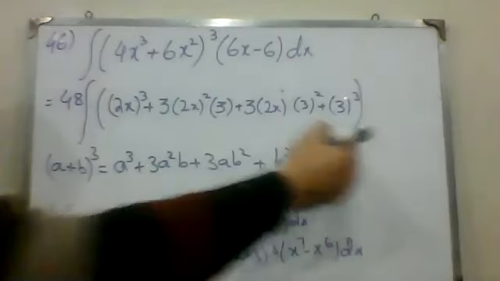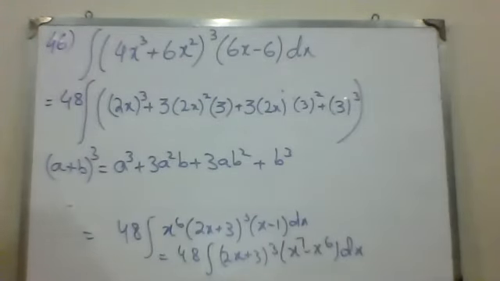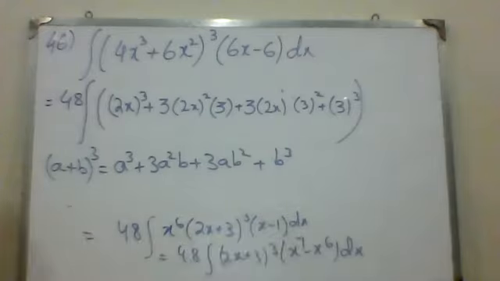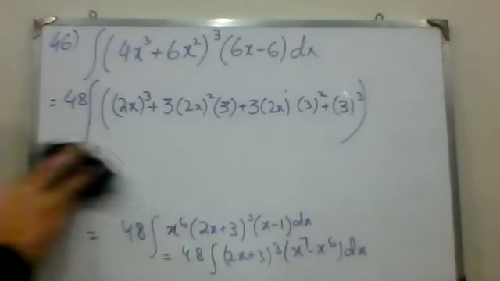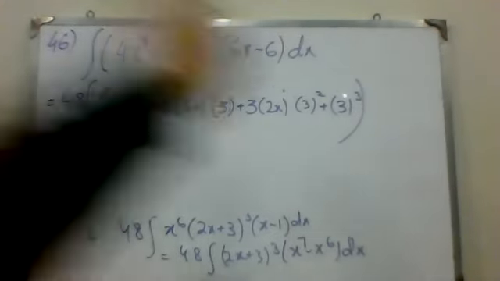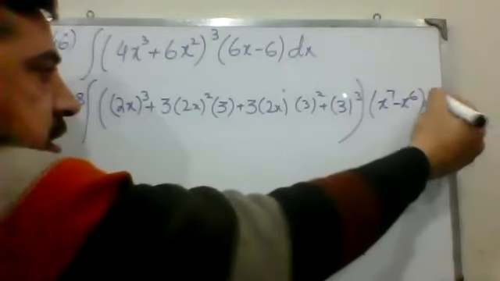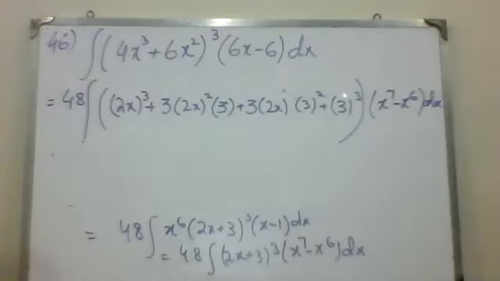So that is the formula for that. So now next one. Next is what? x to the power 7 minus x to the power 6 dx. Okay, x to the power 7 or x to the power 8.